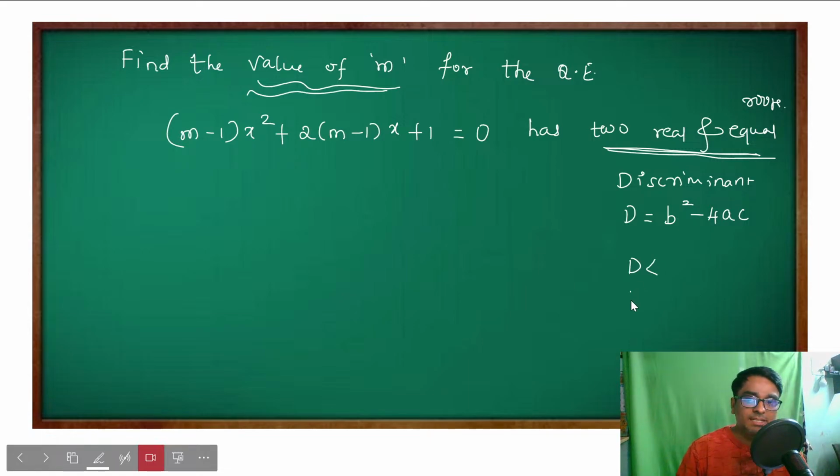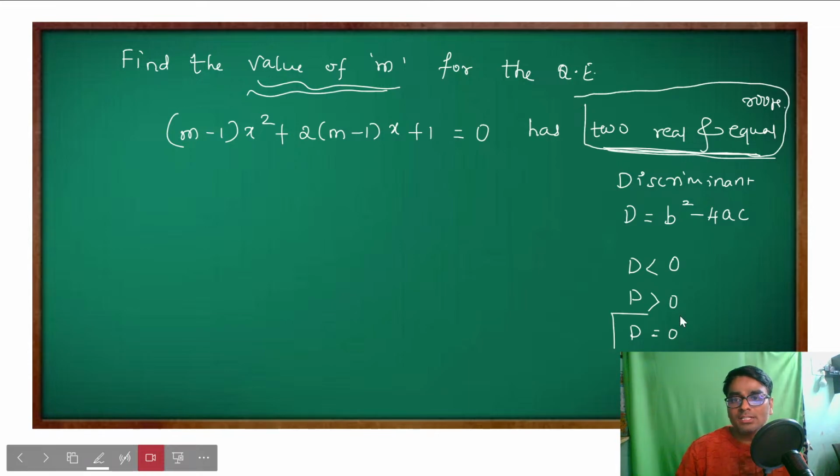D less than 0, D greater than 0, D equal to 0. When you have two real and equal roots, the third condition is the suitable one. When D is 0, means when your discriminant is 0, then the quadratic equation will have real and equal roots.